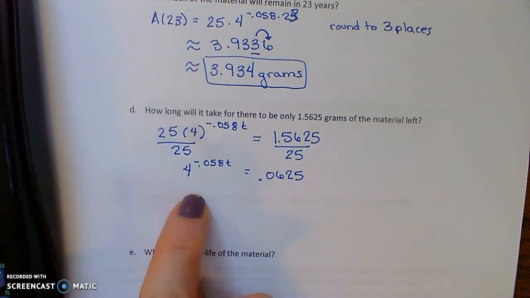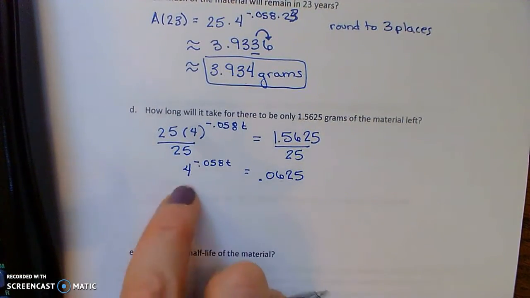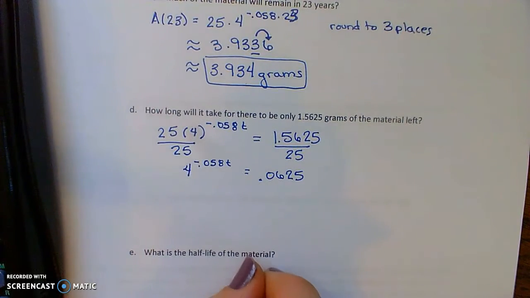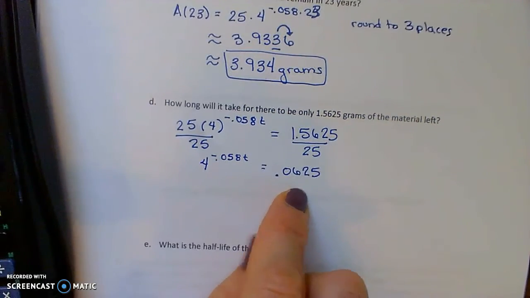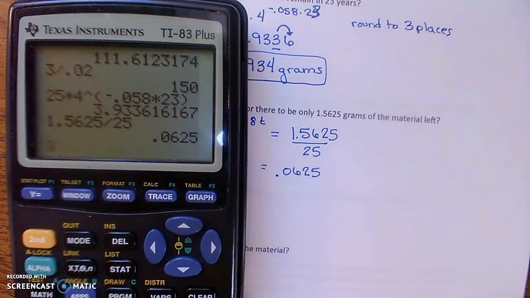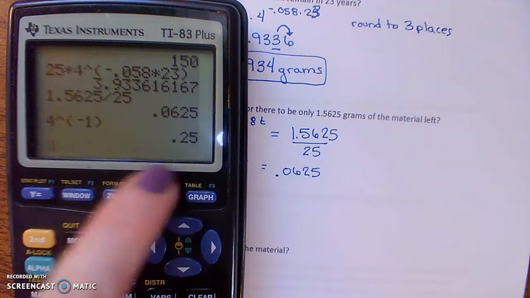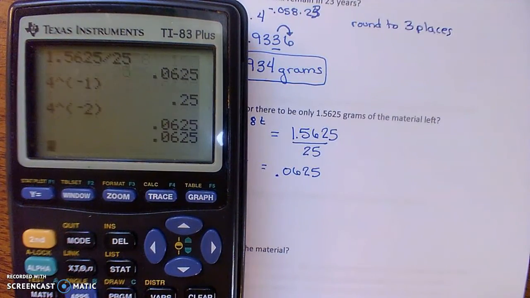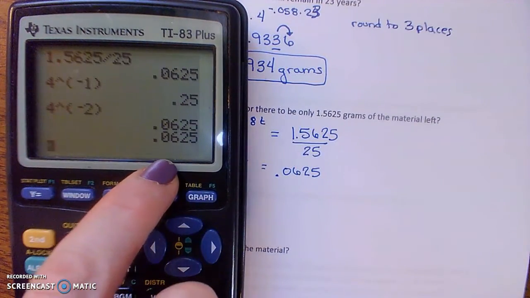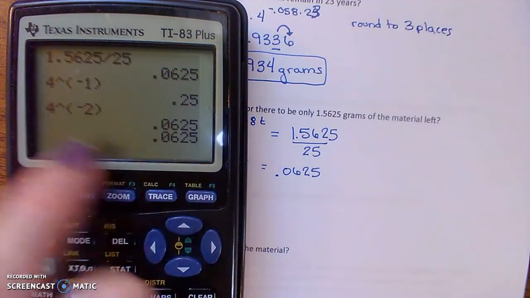Now I have to think if I can rewrite the two sides so that they have a common base. So this is the number 4. I wonder if I could write this number with a base of 4 by using negative exponents. Like 4 to the power negative 1. What is that? 0.25. What's 4 to the power negative 2? That's 0.0625. That's exactly what I'm looking for, right?